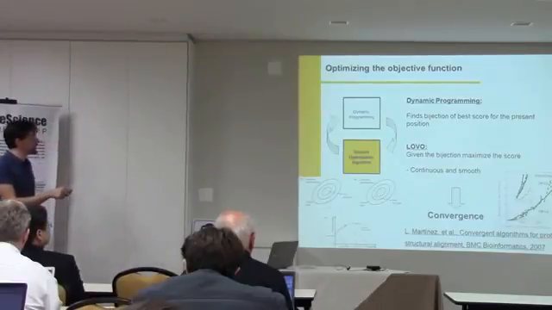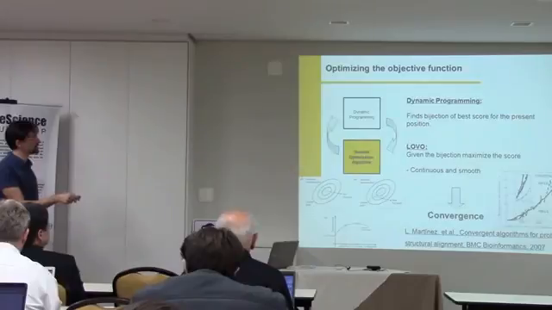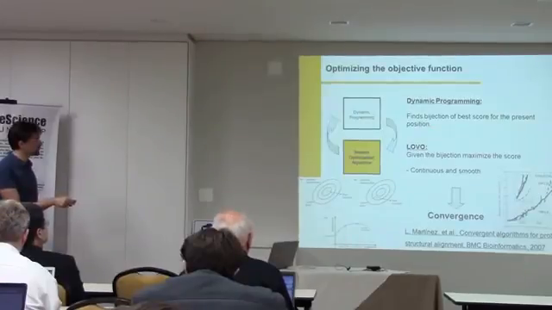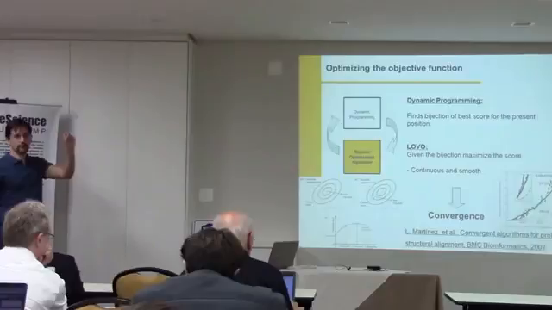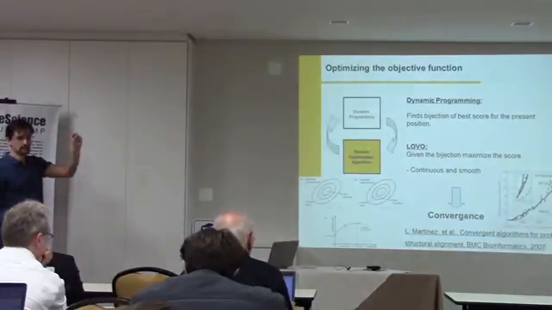So using dynamic programming, we find the best bijection that maximizes the score of the structural alignment for the present position of the proteins. And now, using smooth optimization algorithms, we can maximize the concurrent function for that correspondence.